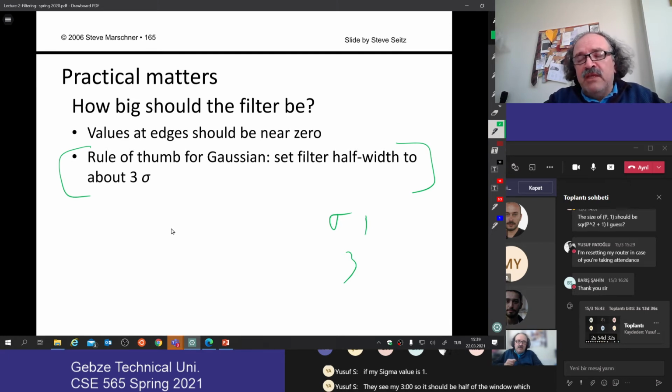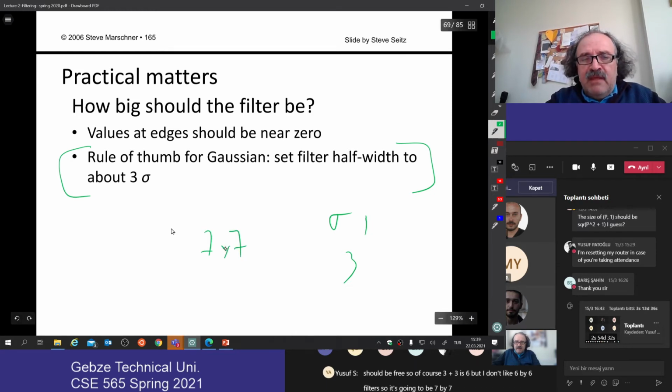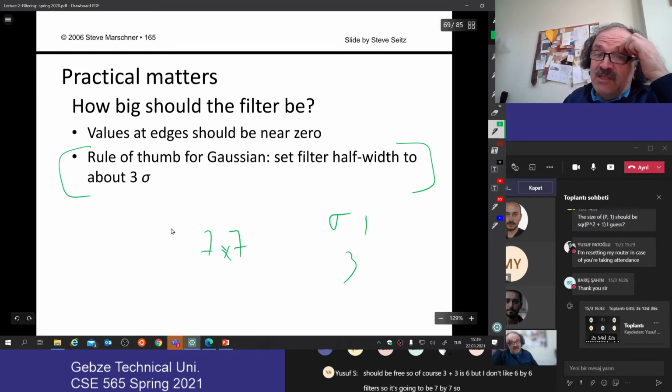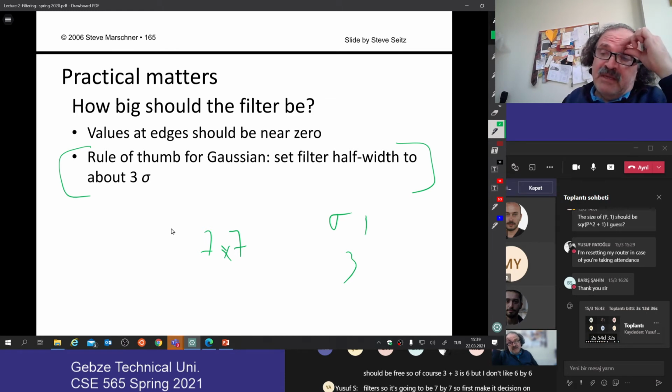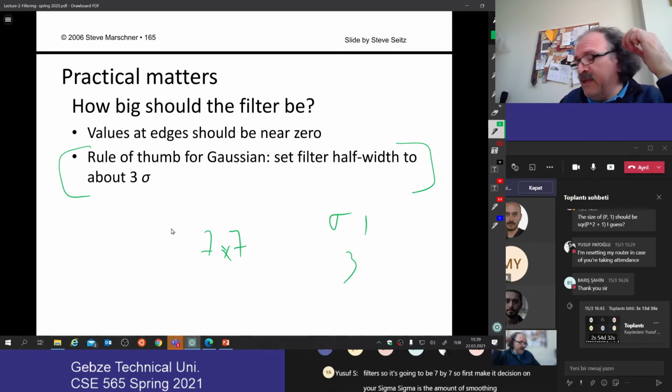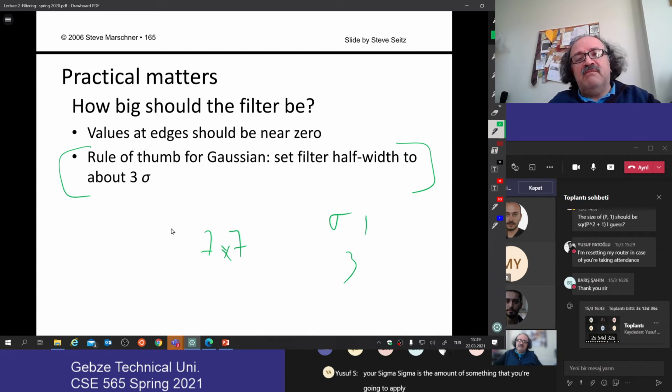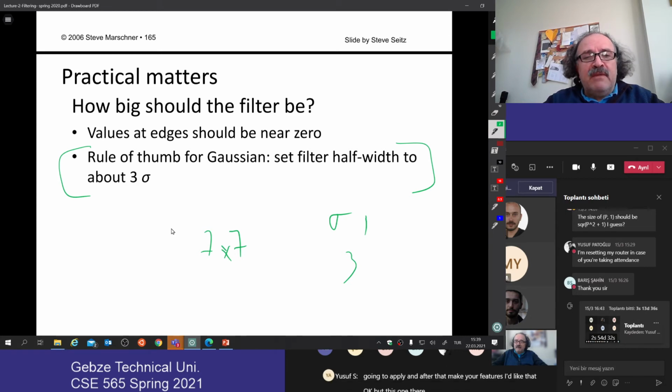Of course 3 plus 3 is 6, but I don't like 6 by 6 filters, so it's going to be 7 by 7. So first make a decision on your sigma. Sigma is the amount of smoothing that you're going to apply, and after that make your filter size like that. Okay, but this only applies for the Gaussian smoothing. How about the box filtering? Again, it is up to you.